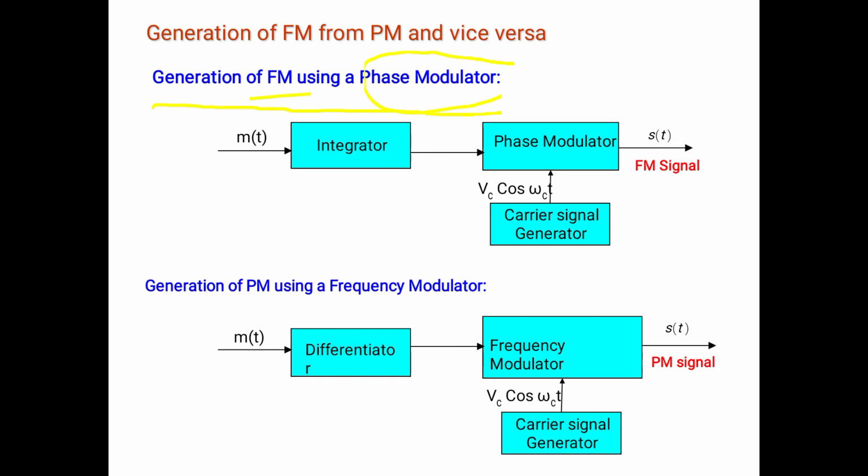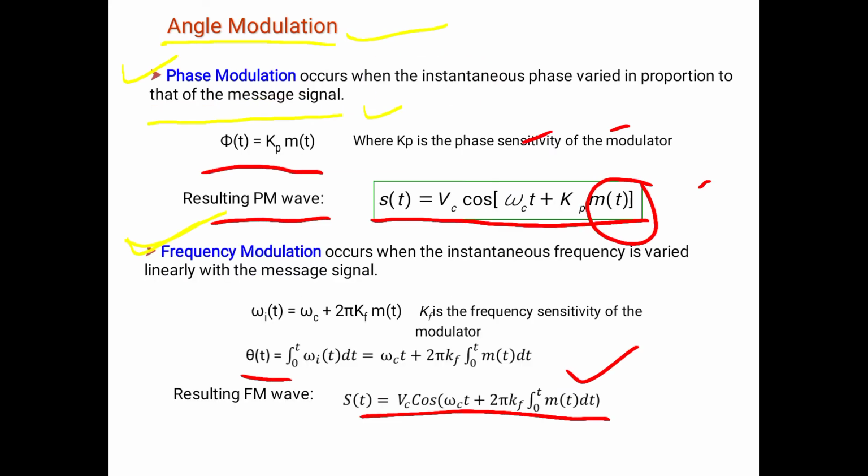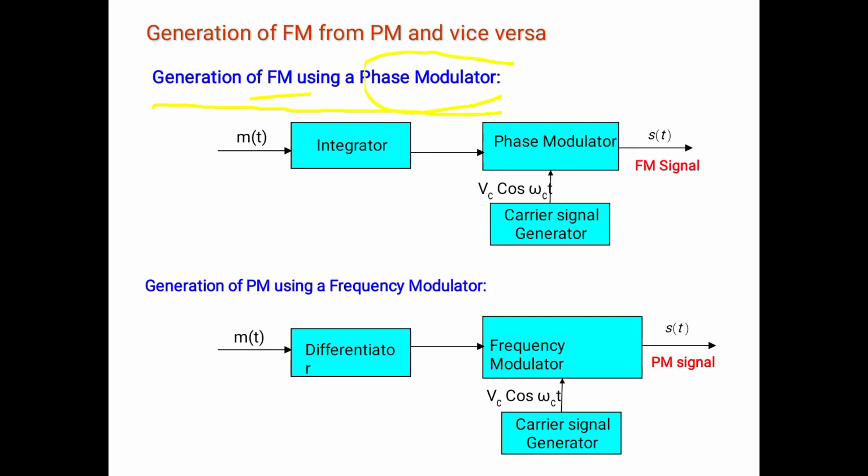How can we generate it? We know in the FM modulated wave we have the integrated message signal. That means we need to feed the integrated message signal to the phase modulator in order to get frequency modulation. Here observe, we are adding an integrator to the message signal, so we get the integrated message signal.